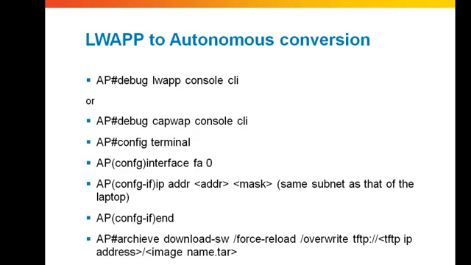And then archive, download software, force reload, override, TFTP, and the image name, the same way we did when we converted autonomous to LWAPP.